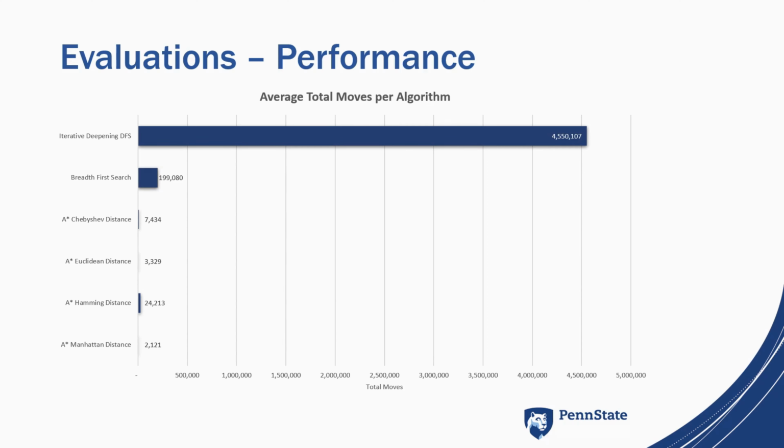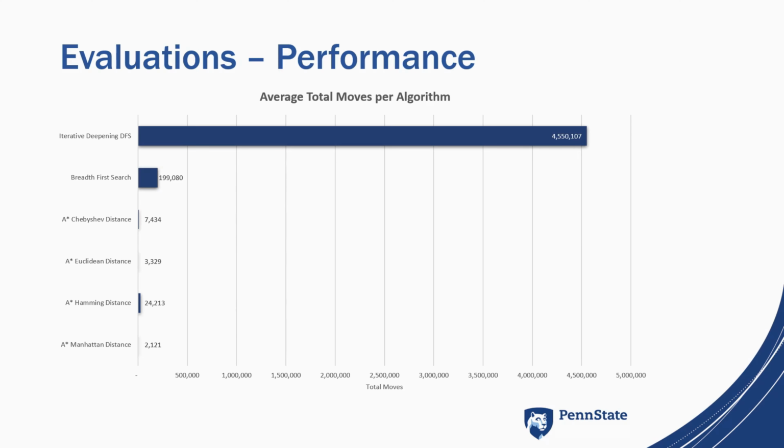Also, this slide uses a bar chart to visualize the average number of moves required by each algorithm, highlighting that A star with Manhattan distance also requires the fewest moves on average to solve the puzzle.